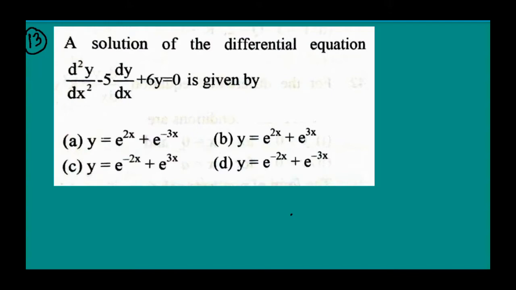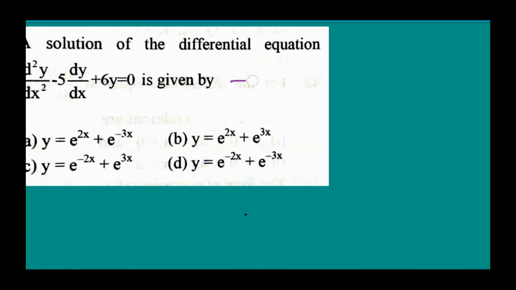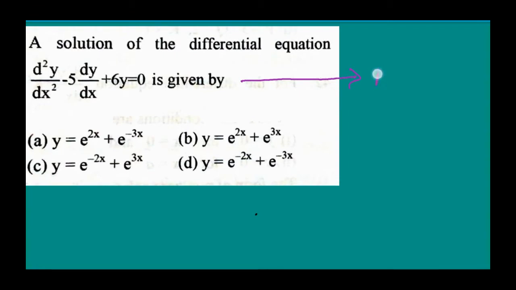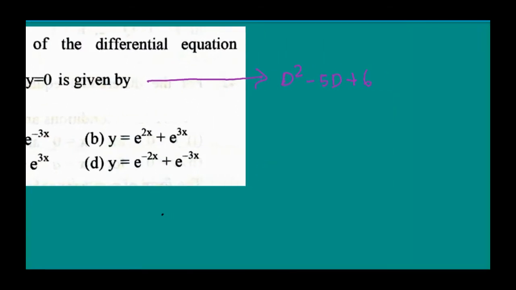First order differential equation is finished, and this is from higher order differential equation, and this is the first one. How? We have to convert this equation, we can write this as a differential operator, D square minus 5D plus 6 of y is equal to 0.